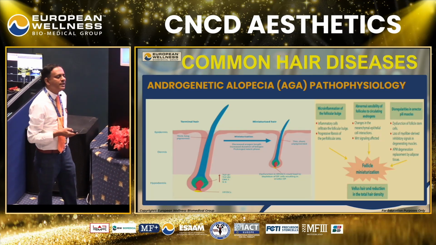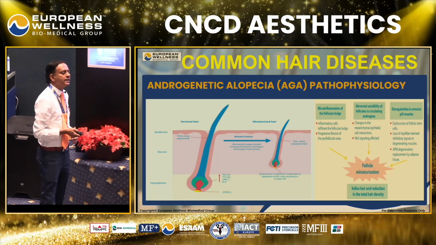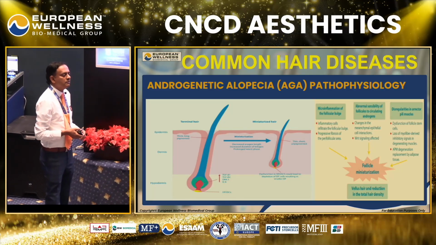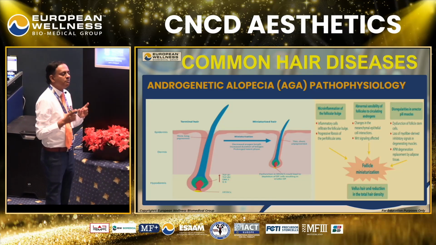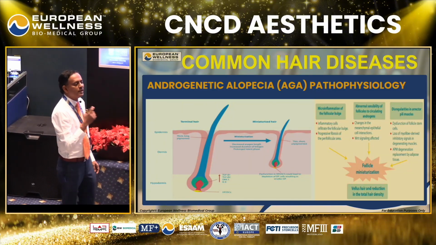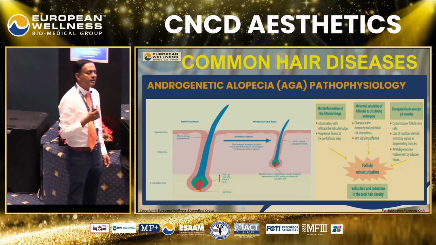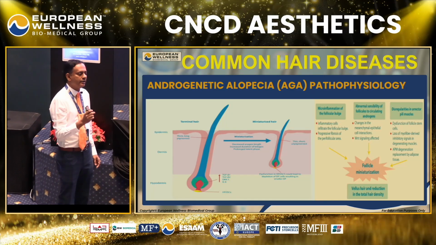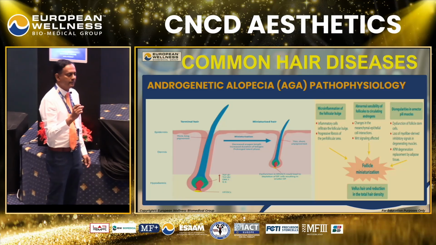So what really happens in androgenetic alopecia? The process is called miniaturization. Every time you go through one hair cycle, the hair is replaced by finer hair, smaller hair. Okay?